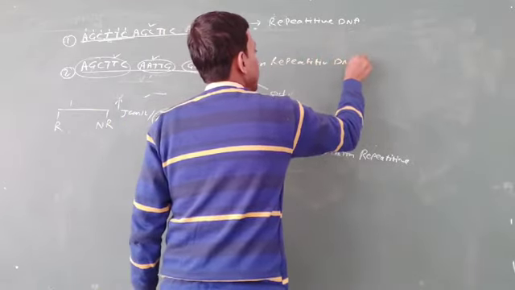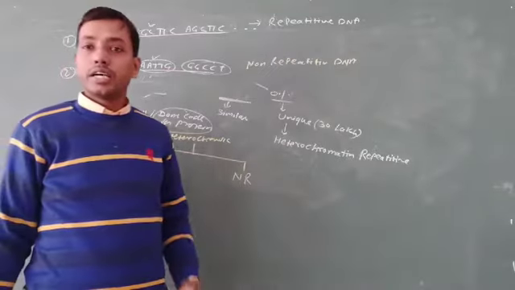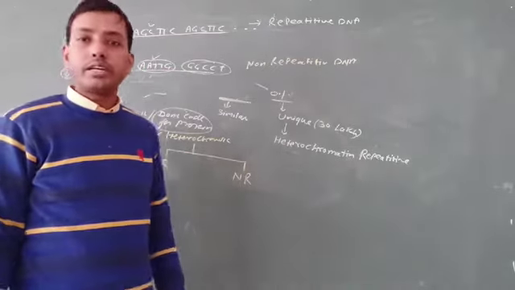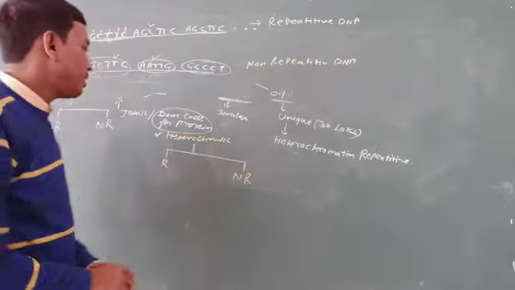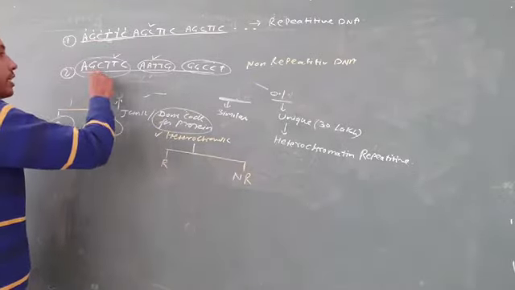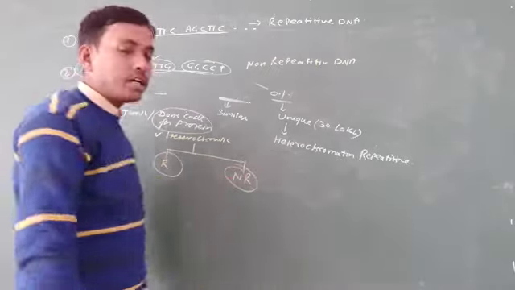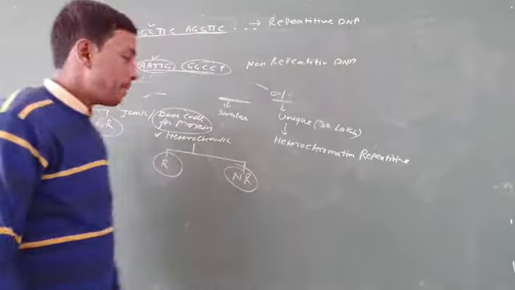Listen. I hope your concept regarding repetitive and non-repetitive DNA is clear. The repetitive and non-repetitive may be part of euchromatin, that is functional DNA, or it may be part of heterochromatin, that is non-functional DNA.